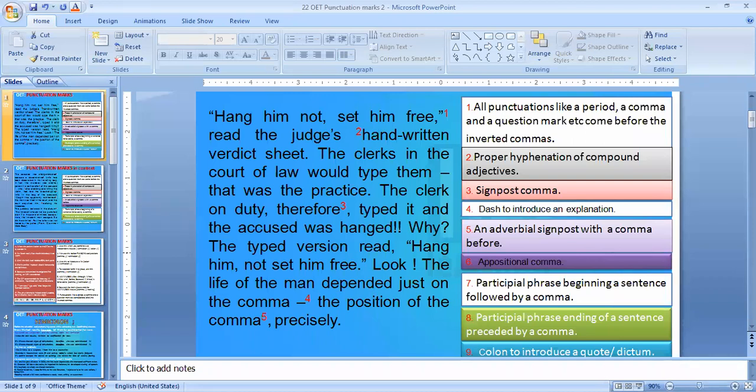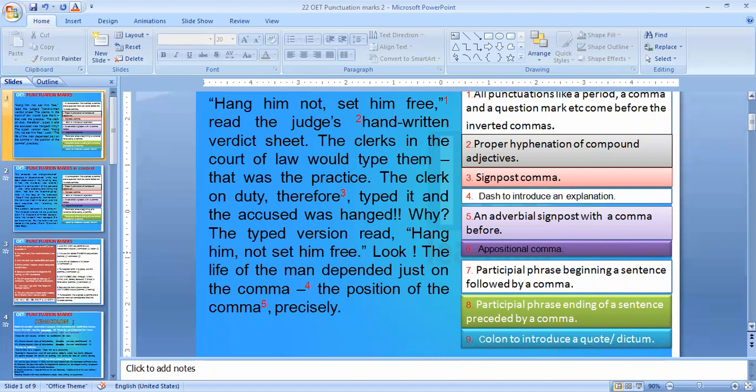All right, now number 5. You find a comma there because there is a connector or an adverbial signpost or connector with a comma before that. Then number 6, 7, 8, 9, we will see on the next slide.